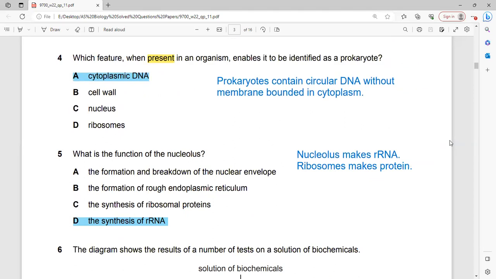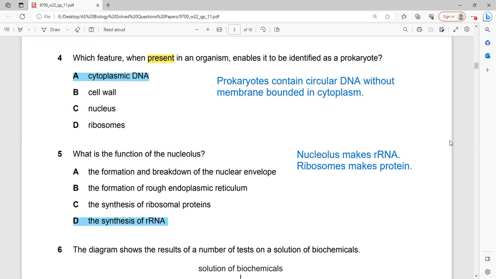Which feature, when present in an organism, enables it to be identified as a prokaryote? We need to classify the prokaryote on the basis of its characteristics. The prokaryotic cell contains single circular DNA that is not membrane bounded.